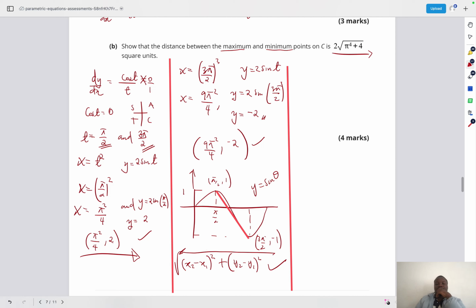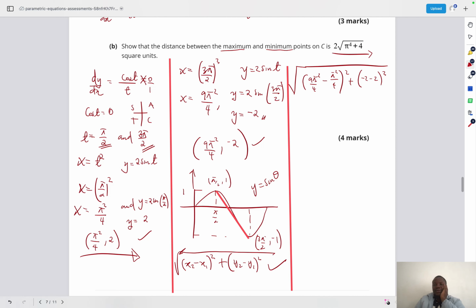So what our duty would be here, you can name any one of these x1, y1, x2, y2. So what we are just going to do now is say 9 pi squared over 4 minus pi squared over 4. This is squared. Of course, everything is going to be under the square root. Then we add this to negative 2 minus 2 squared.